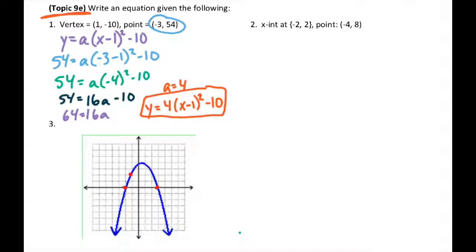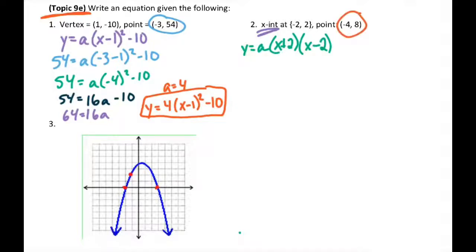Next up, problem 2. We're given x-intercepts, so we're going to use the intercept version. Now remember, our zeros, our x-intercepts, are the opposite of our factors. So if x equals negative 2, then x plus 2 is a factor. And if x equals positive 2, then x minus 2 is another factor. But we've got to remember y equals a times all of those things, because a changes the steepness, the slope of our function.